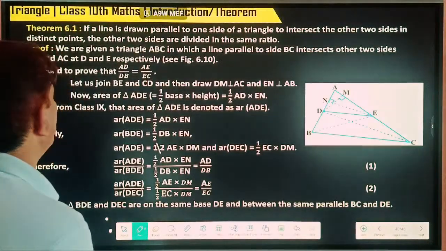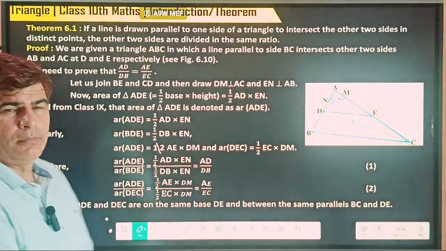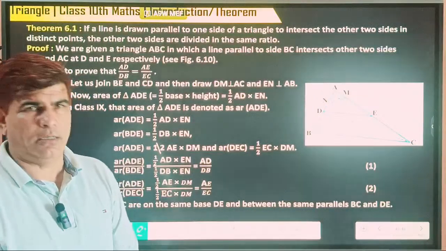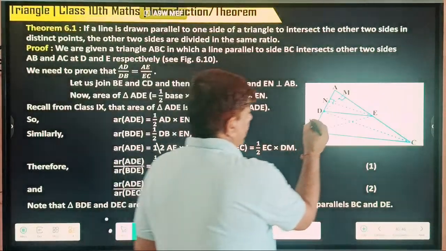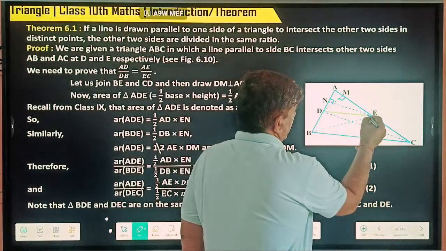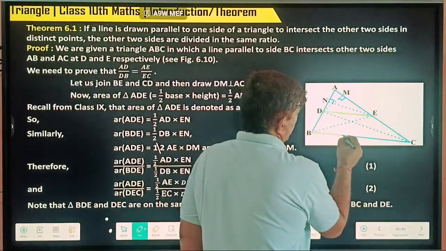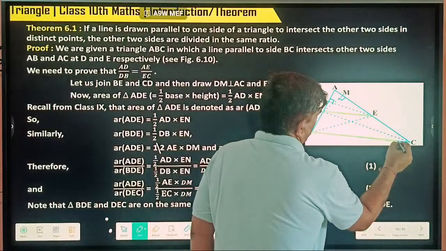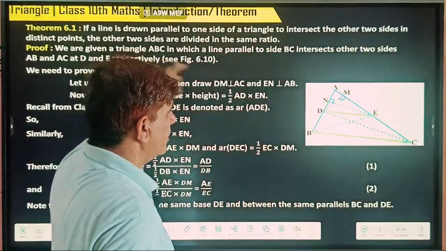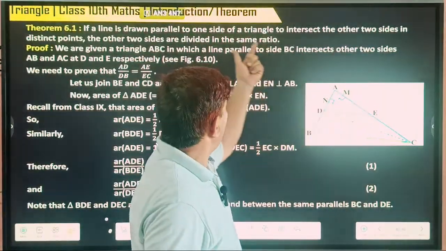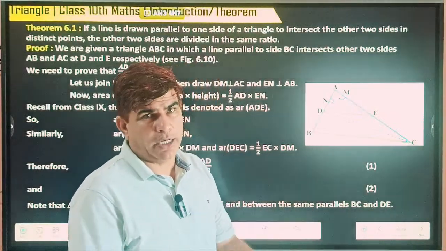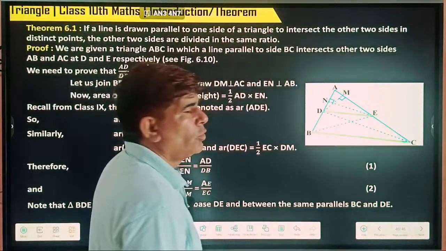What does this theorem say? If a line is drawn parallel to one side of a triangle, so here this DE, you can look here. Here DE is parallel to BC. So that's why it says if a line is drawn, which line? This DE, parallel to one side of a triangle, intersects the other two sides in two different points.